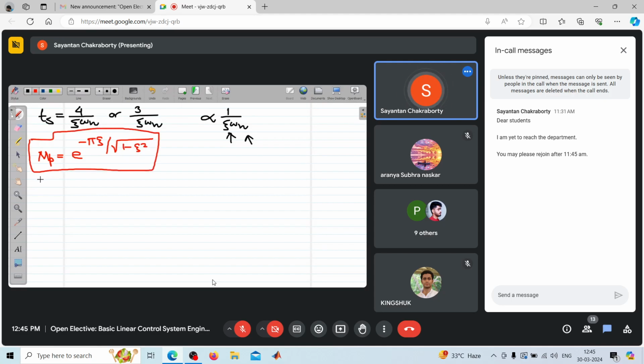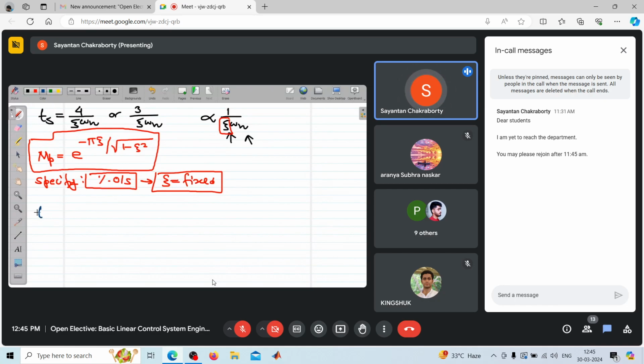So once you specify the maximum amount of percentage overshoot that is allowable, that gives a fixed value of zeta. So zeta gets fixed, right? So the only unknown parameter will be omega n.